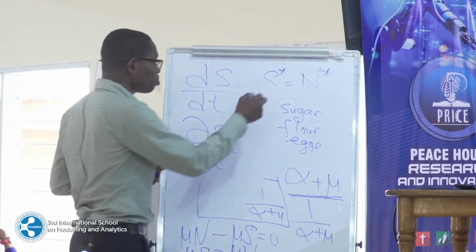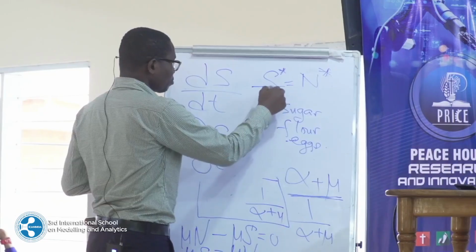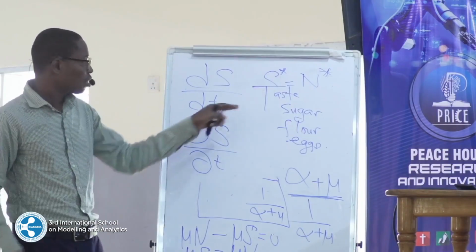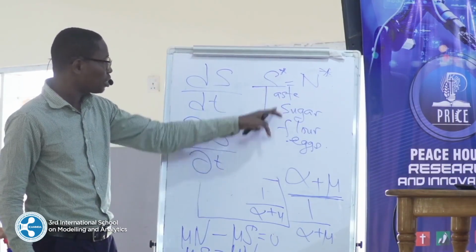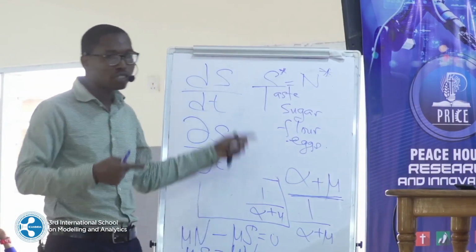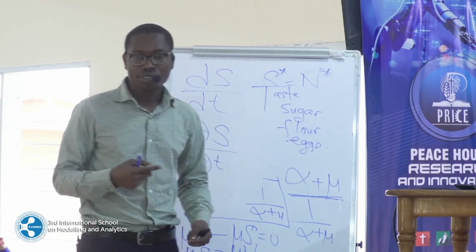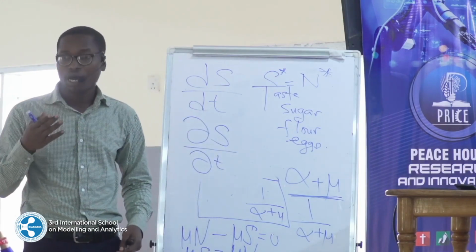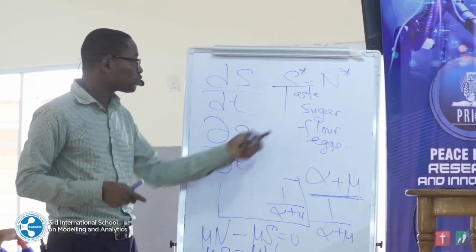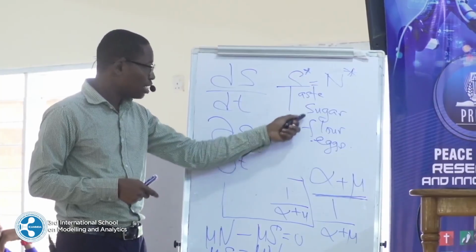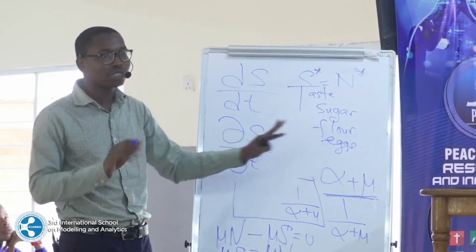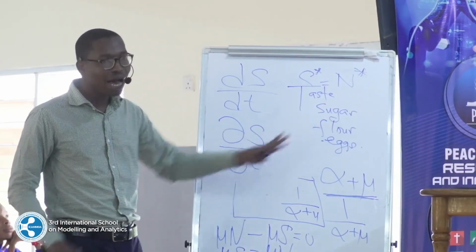The taste of the cake is our function. We now want to see how it depends on all these guys. Now, if I increase my sugar level, what happens to the taste of the cake? The taste changes. So now, if I want to see how the taste changes with respect to sugar, then I have other variables there. So what I will do is keep these other ones constant. I will keep flour level constant.